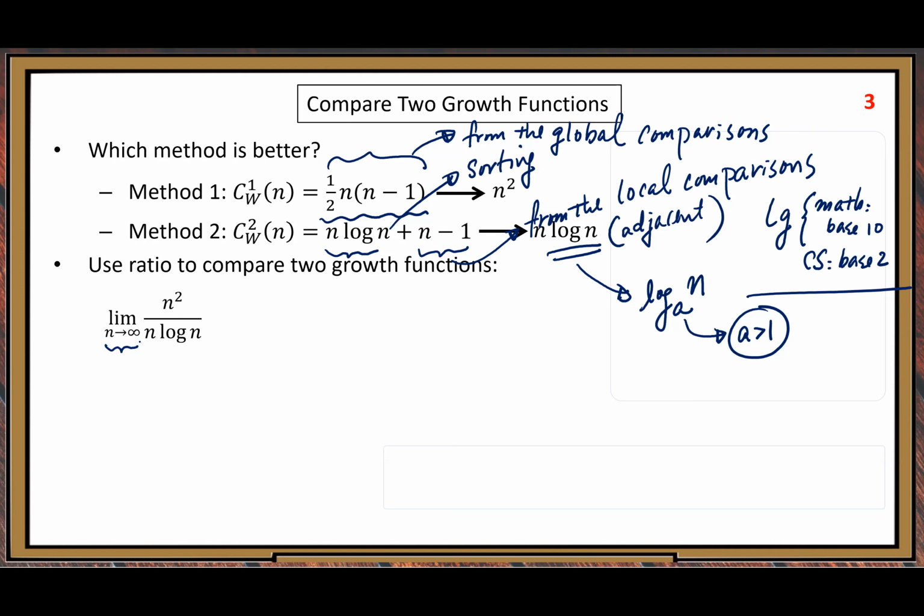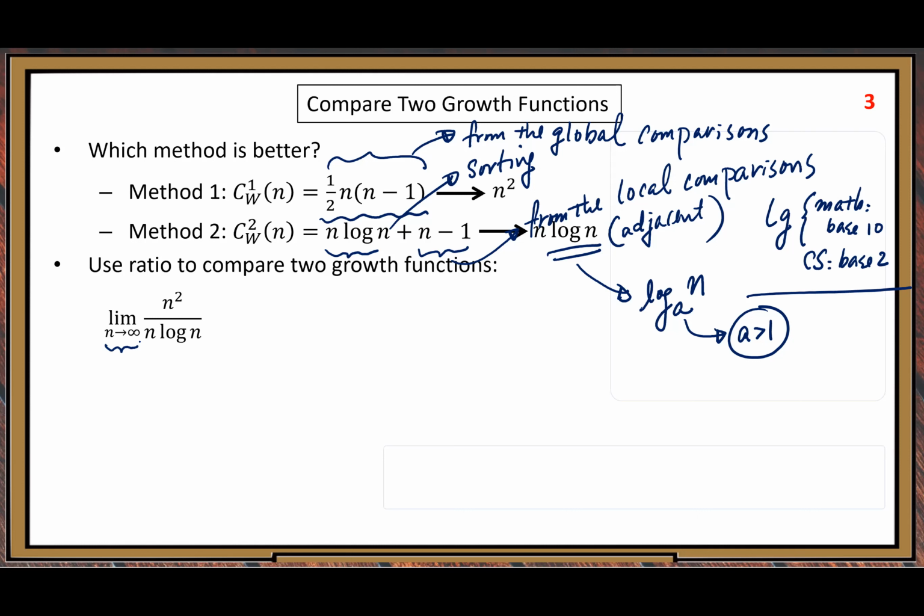The trend reflected when n approaches infinity tells us what we really want to know when the problem size becomes very large. We want to see the trend.